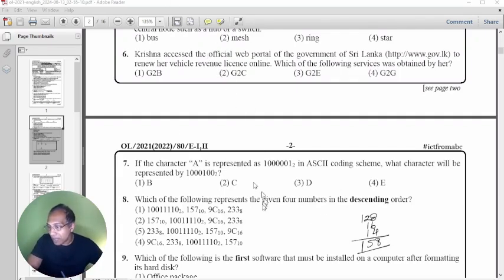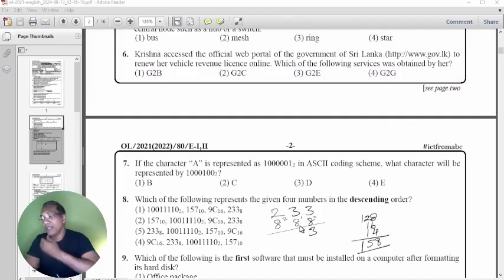Next, let's take the octal value 233. That's 8 to the power 0, 8 to the power 1, 8 to the power 2. So that's 3, then 24, plus 64 into 2 is 128.